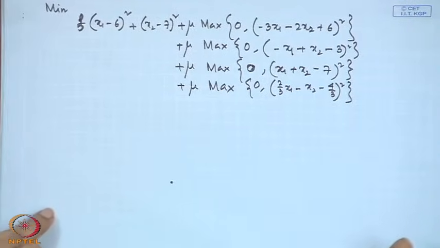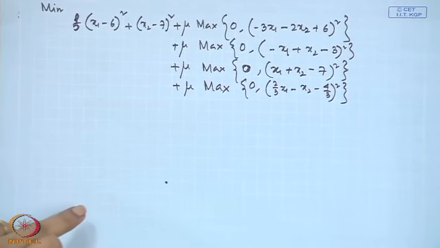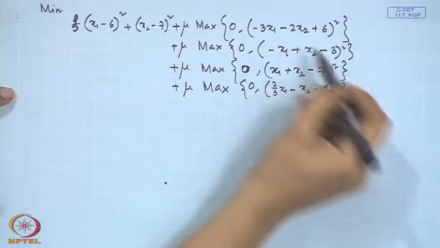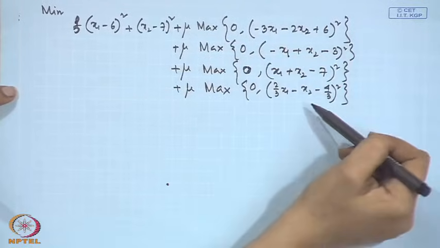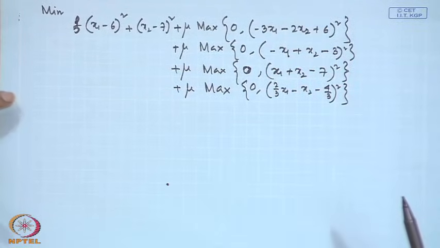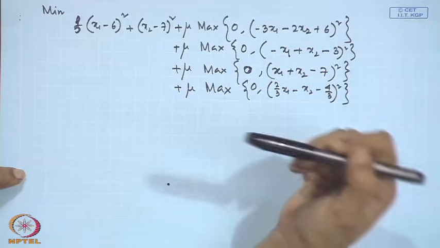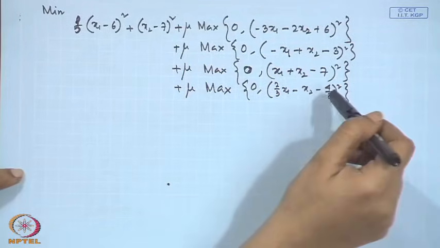This is the exterior penalty function method, and this is the function we are considering by augmenting the penalty function. If we apply the technique, then we have to differentiate with respect to x1 and equate to 0, x2 and equate to 0, which is very difficult to handle.